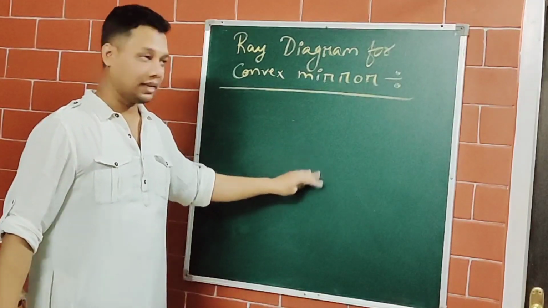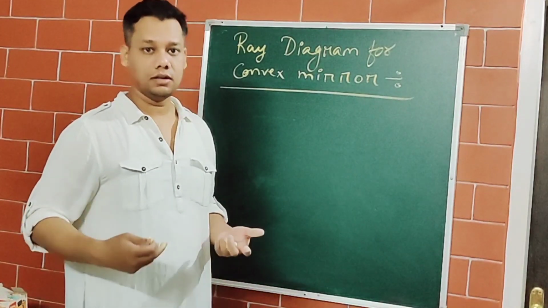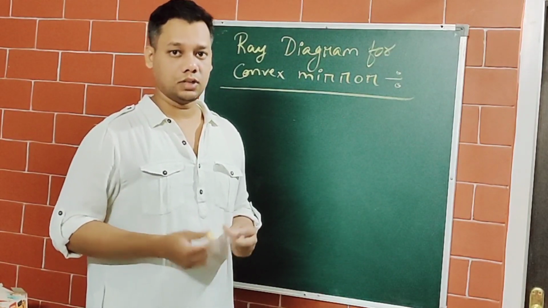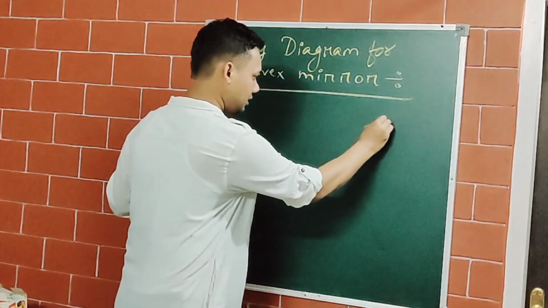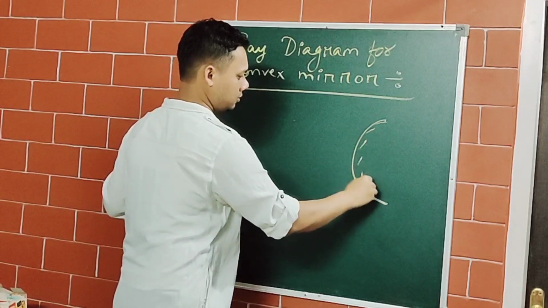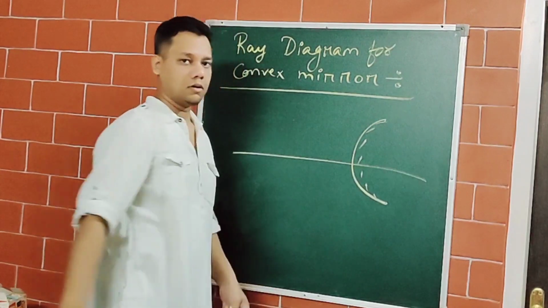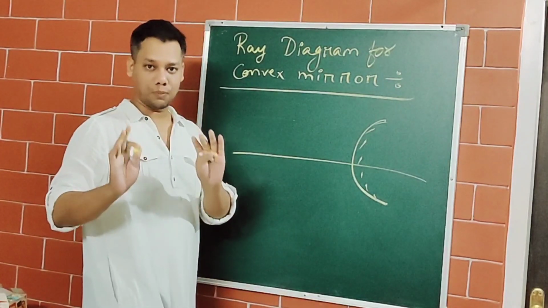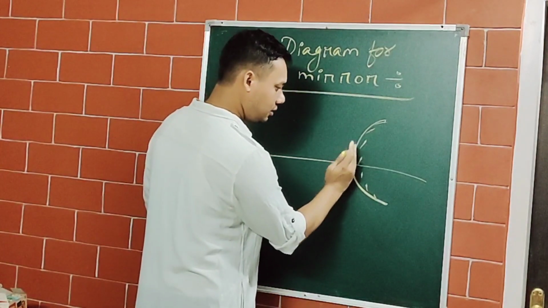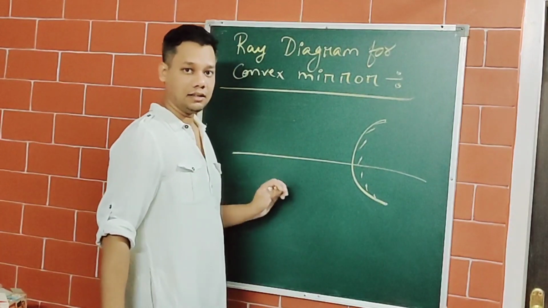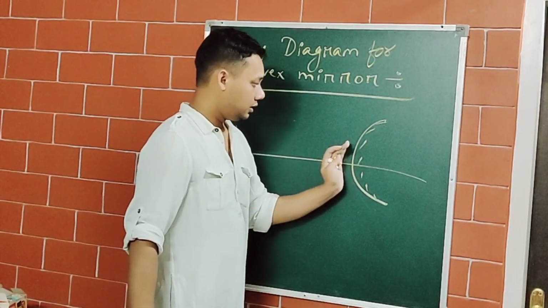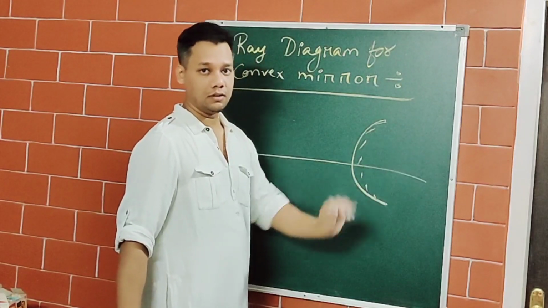Before drawing the ray diagram, we must see how many positions there are to keep the object. So this is the convex mirror. This time all the important points are lying inside, means they are lying on the inward side of the convex mirror.